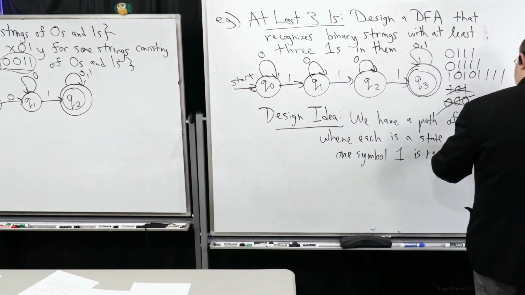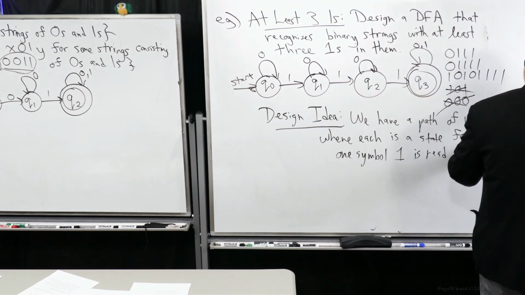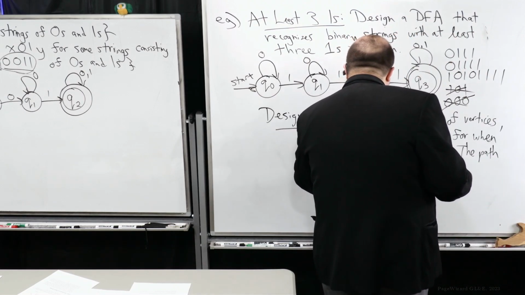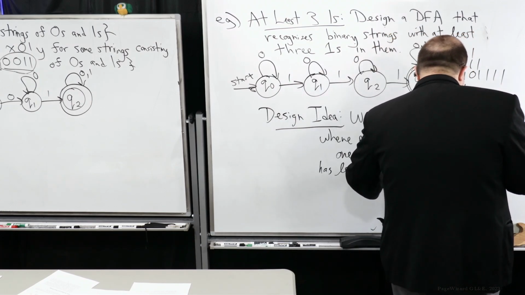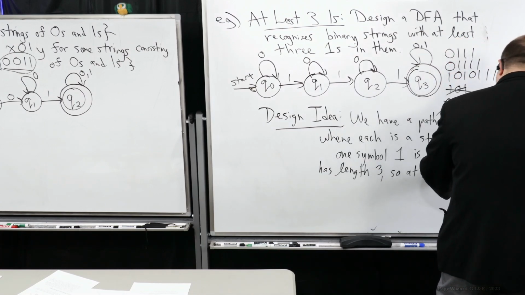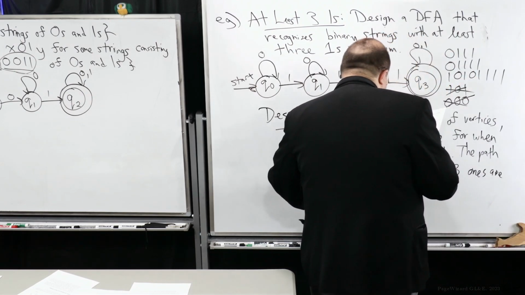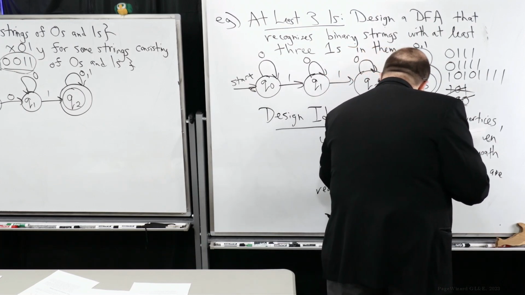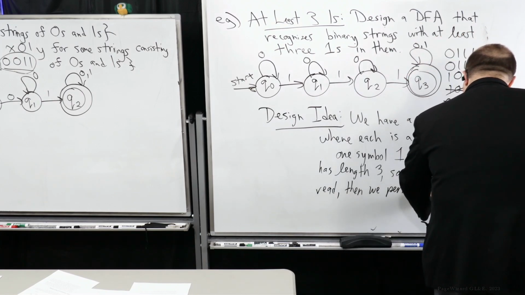So naturally, the path is of length 1, 2, 3. The path has length 3. So at least 3 1s are read. Then we permit any other symbols.